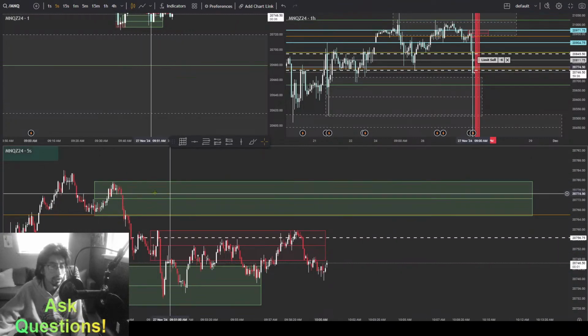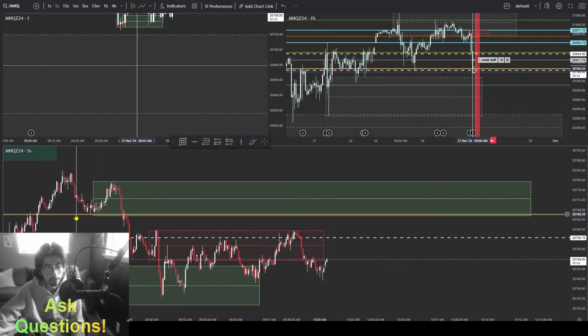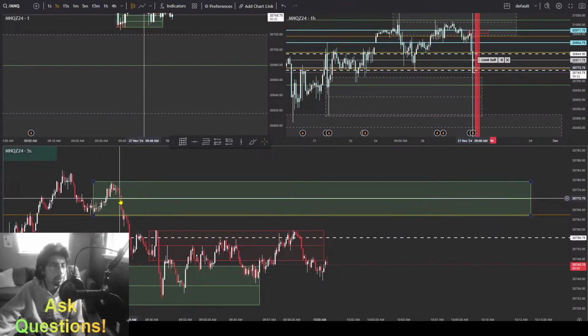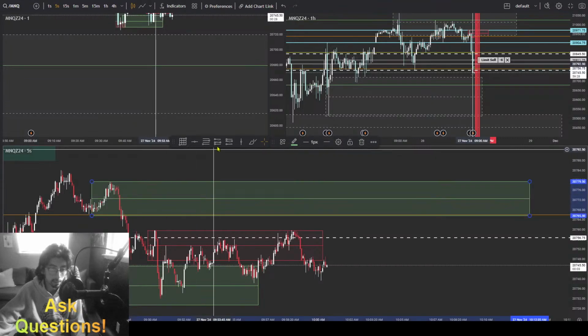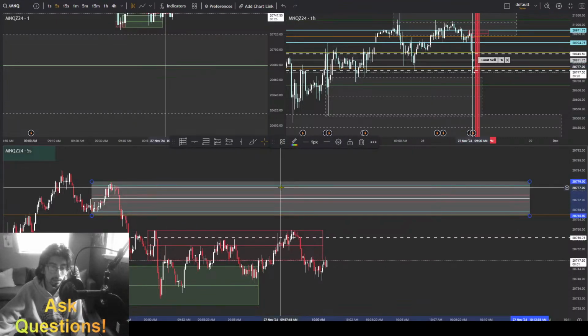I don't want to take this to be honest, mostly because initial balance is right here. Oh, you know what? I think I want to take this. There's a fair value gap right at the 50%. That's enough to convince me.